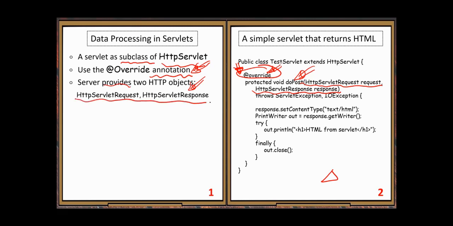Underlying these two objects, the server does a lot of work. In the previous video, we called it dirty work. The dirty work is the translation.